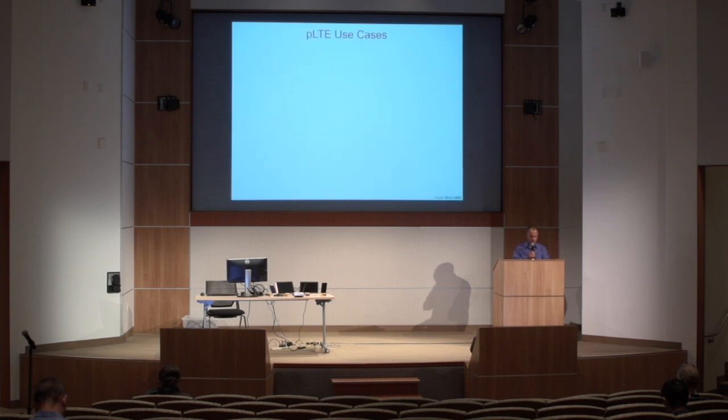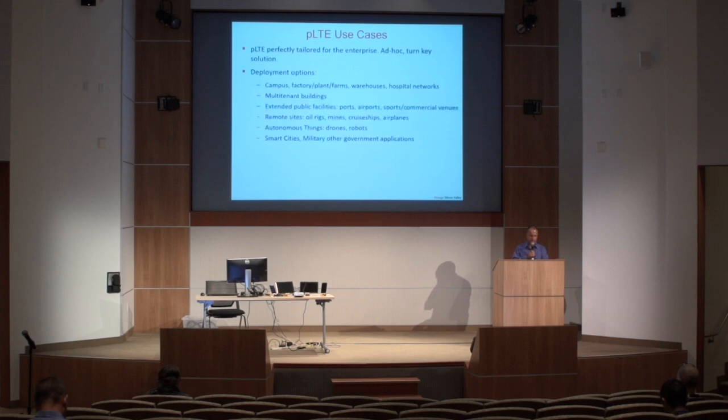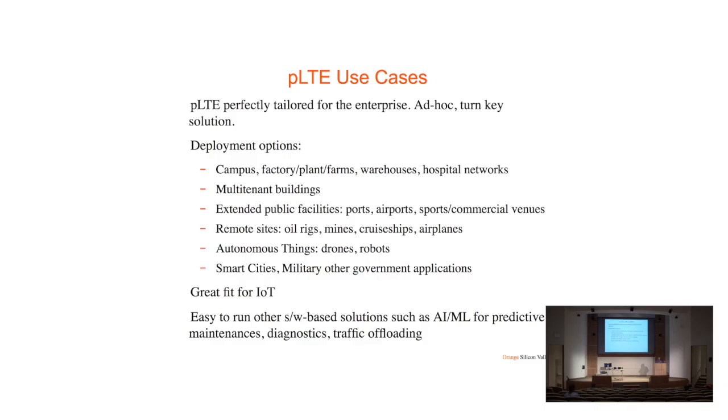So the kind of use cases that we see emerging, as I said, this is really tailored for the enterprise. It's a perfect fit for campus type of networks, whether it's a hospital, a factory, or a warehouse, and so forth.